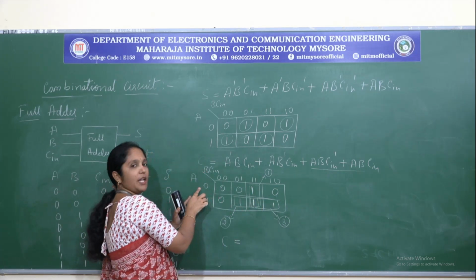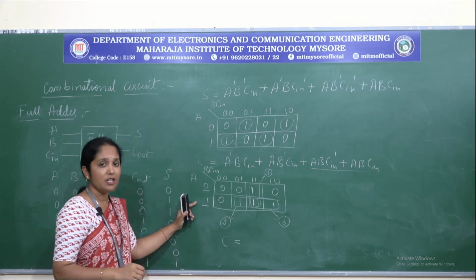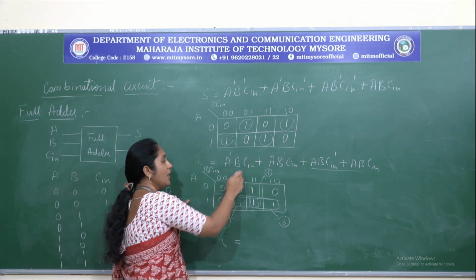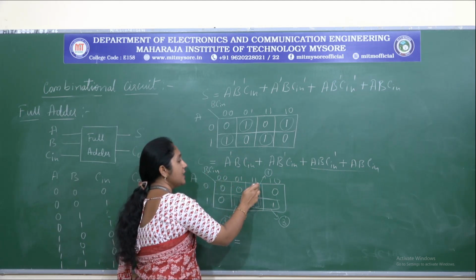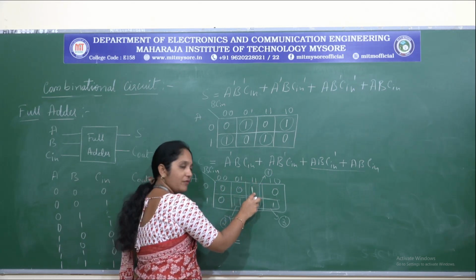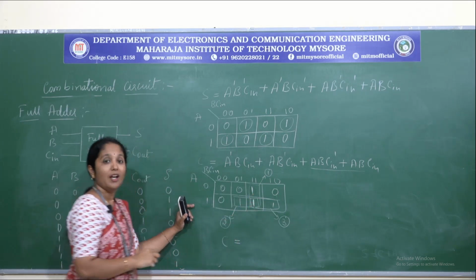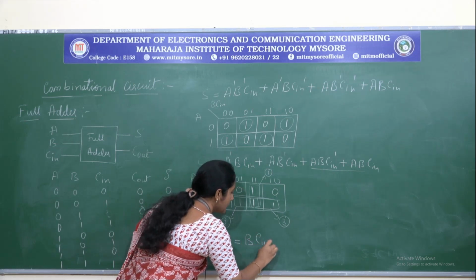If you observe the MSB, here it is 0 and next it has changed to 1. Therefore it is not common, so we cannot choose A here. Now let us move to the other side: we have B and Cin. B and Cin are 1 1 for the first row, and it is the same for the second also. Therefore the expression for this is B into Cin.